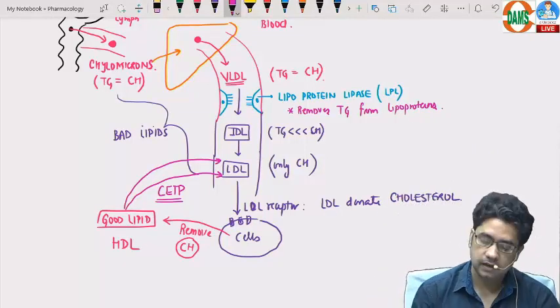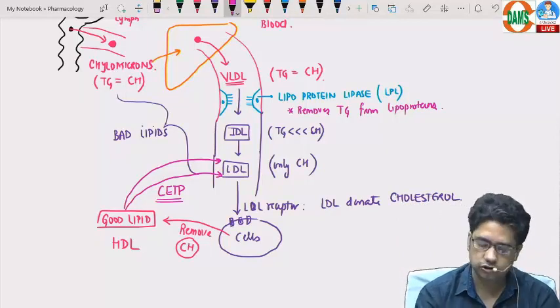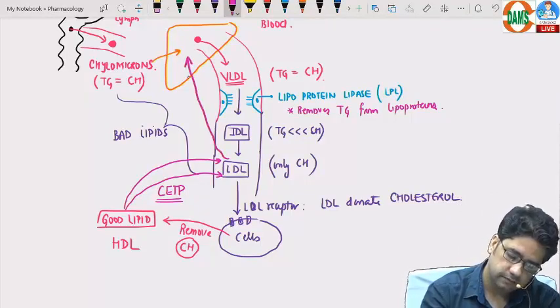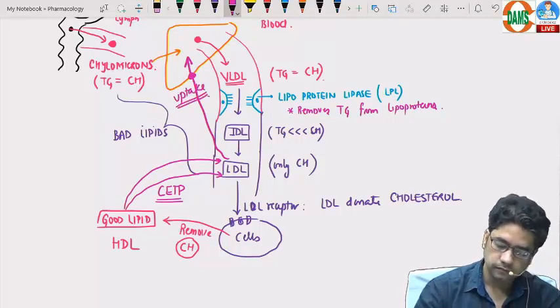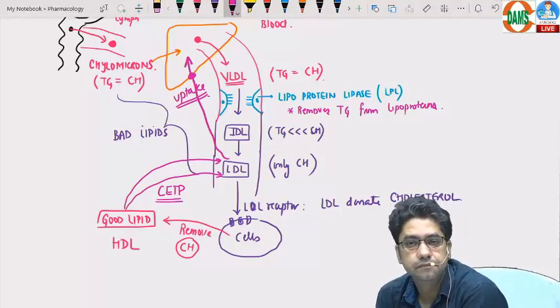Done. And when this LDL, IDL, VLDL get cholesterol back, this LDL will be reuptaken by the liver, and the cycle will be completed.